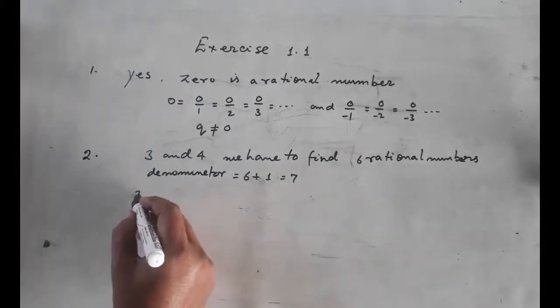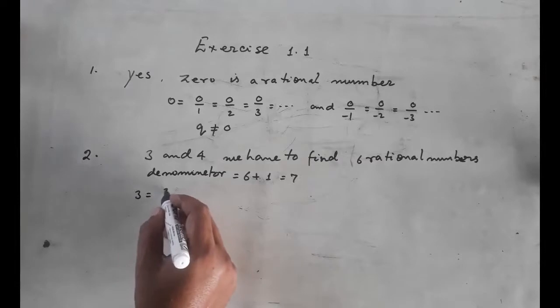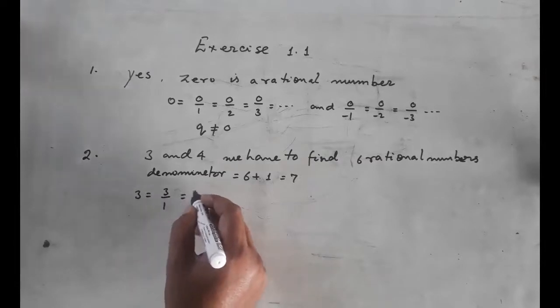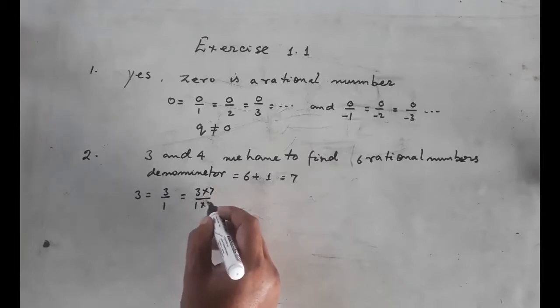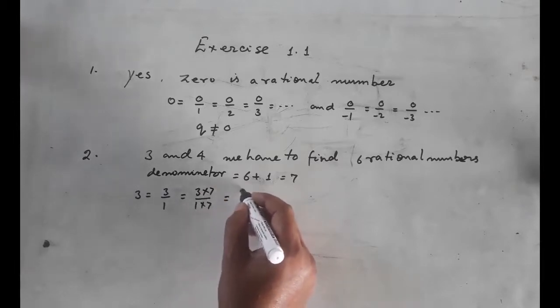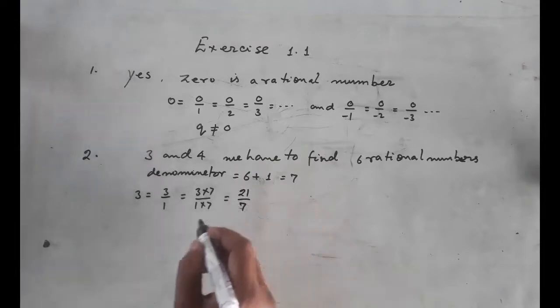Then 3 can be written as 3 by 1. This can be written as 3 into 7 by 1 into 7, that is 21 by 7.